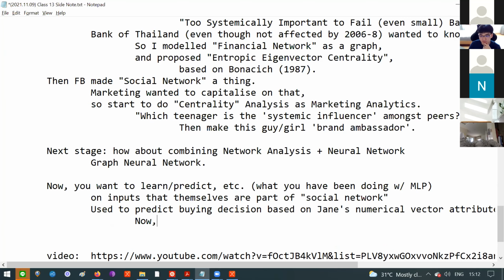Now, use the numerical vector attributes from Jane's friends. Okay, or maybe it's false. You know, maybe Jane doesn't like to buy the same thing as other people, whatever. Okay.